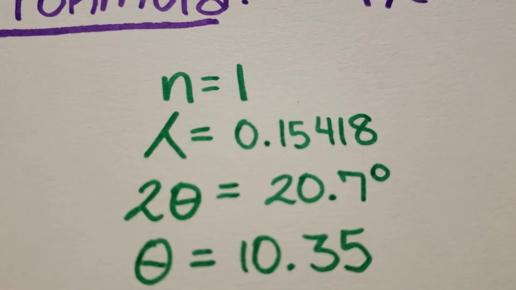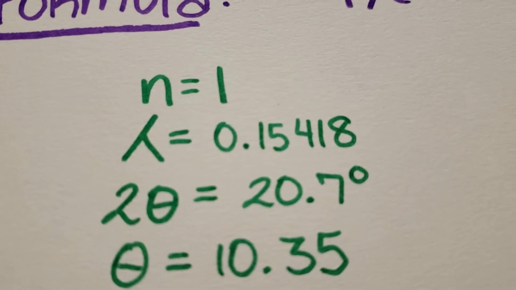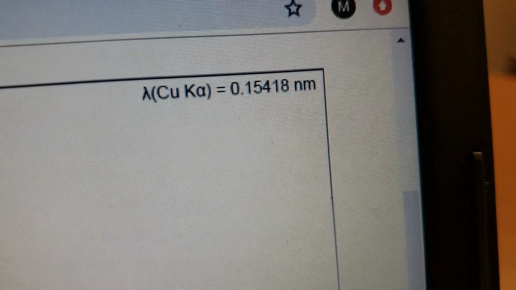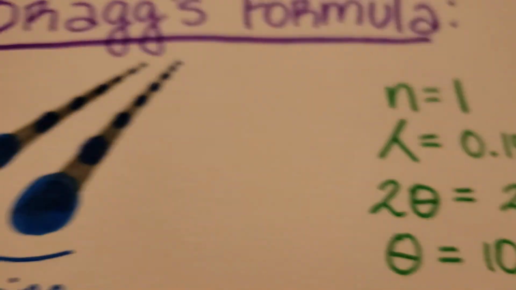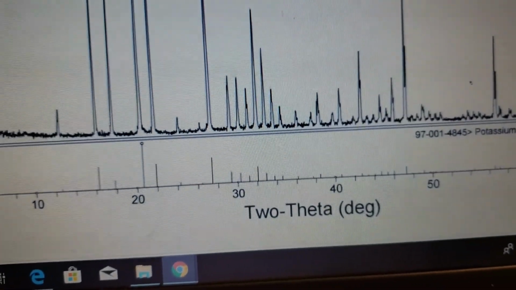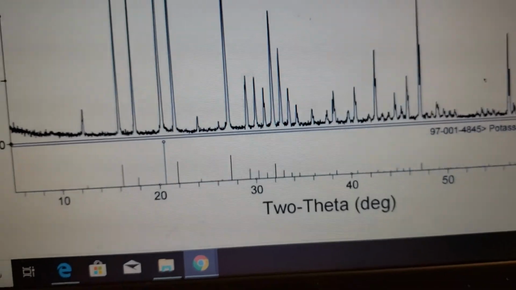Then from the data that was given to us, we know that the wavelength is 0.015418 nanometers. And then also from the graph, it shows us that the chart is in 2 theta degrees.